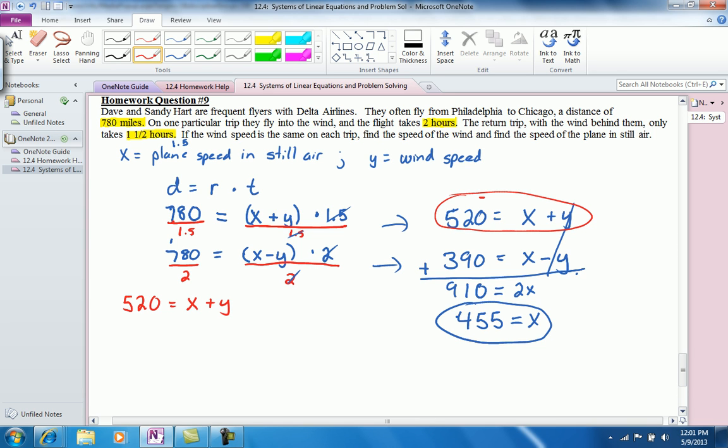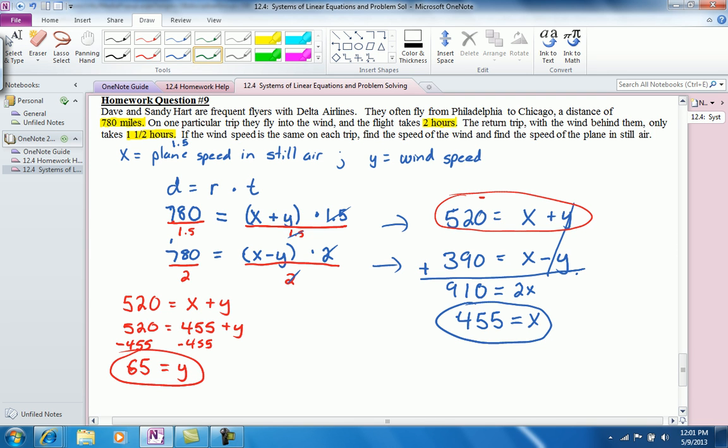I know that x is 455, so 520 equals 455 plus y. Subtract 455 from both sides. 520 minus 455 is 65 for y.